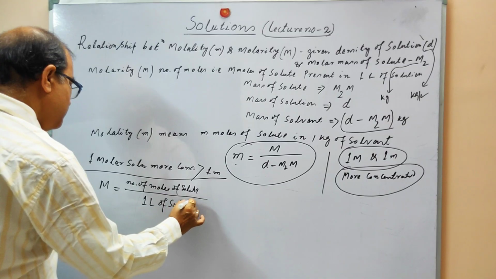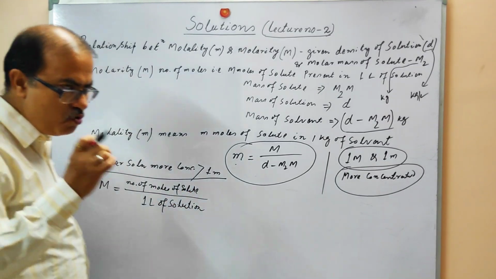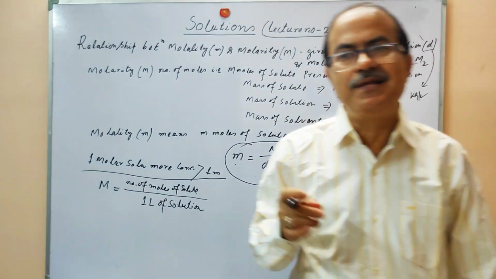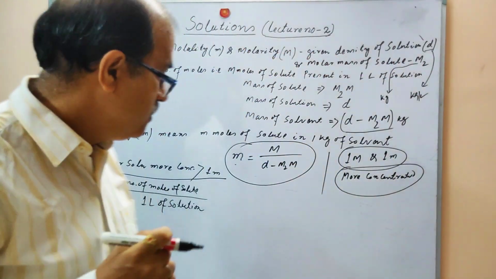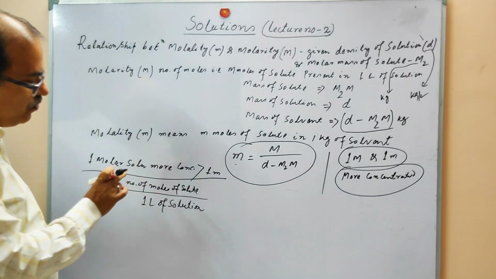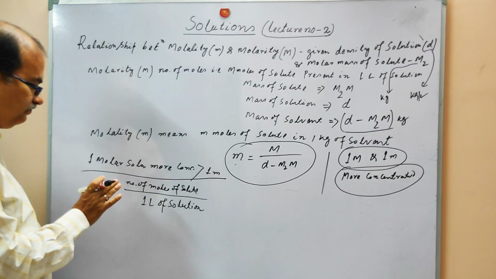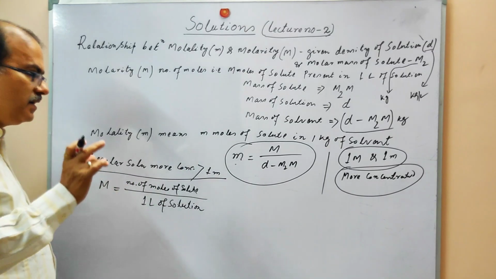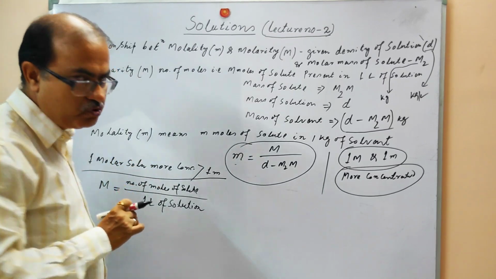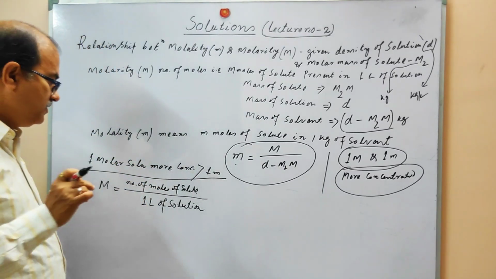And this solution contains both the solute particles as well as the solvent particles. So here the amount of solvent will be less than 1 kilo, because the density of water is 1 gram per cc.